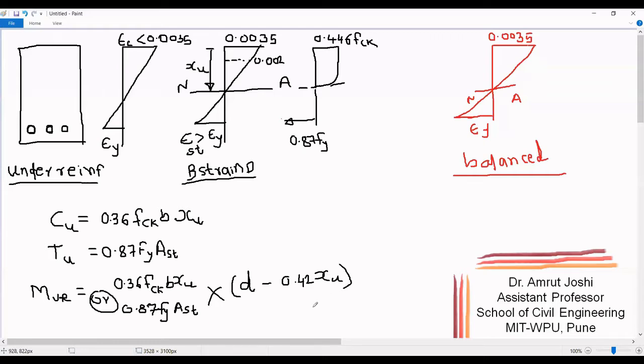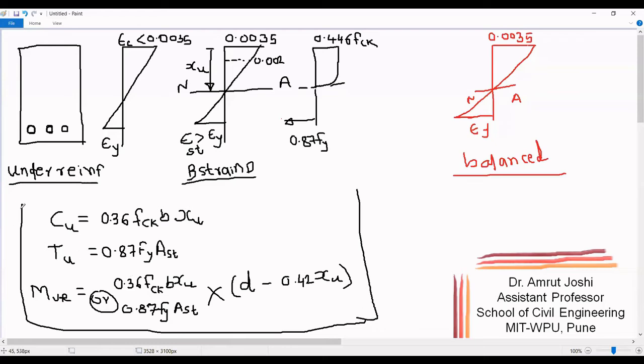We cannot replace this XU by kUB times d because kUB is the neutral axis factor evaluated for the balanced section. So therefore, we are not going to replace this XU by kUB into d. So these are the expressions that hold good for the under reinforced section. We have just replaced XUB by XU.